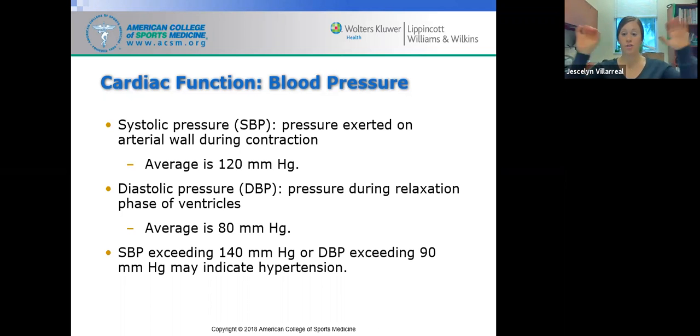So it's going out into the body. As your ventricle contracts, force is exerted by the blood against the arteries. That is blood pressure, and your blood pressure is measured in millimeters of mercury.